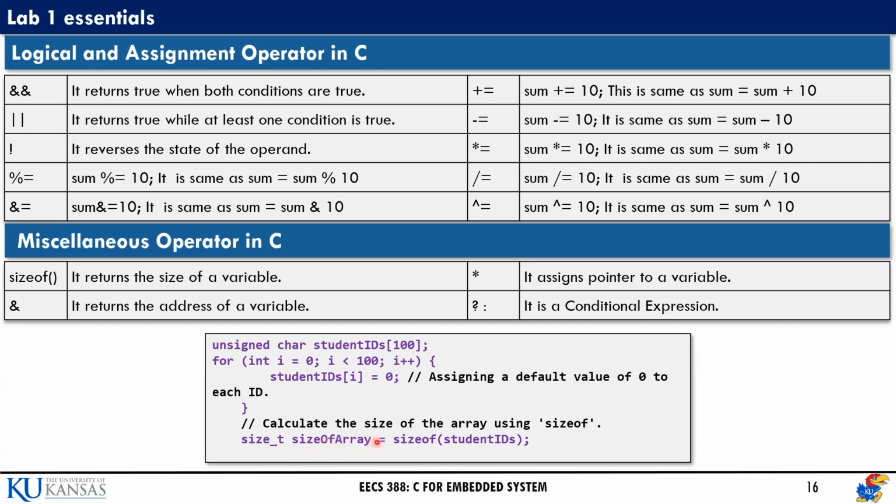So the size of the array, we can use this sizeof operator and just give the array name, and it will return the size. So in that case, we have a total of 800 bits of array.